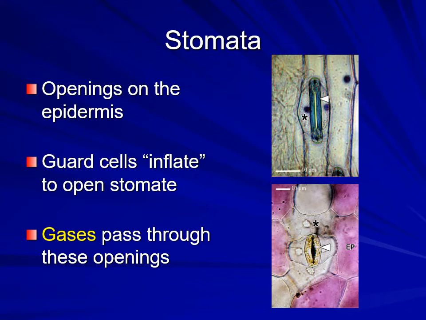So there's a cell on one side. It's maybe easier to see here. There's a cell on one side, and there's a cell on the other side. And then they have sort of a stiffened side that faces each other. And it's stiff so that when the cells inflate, that side stays in place and sort of warps. And that way the gases can kind of go in and out.